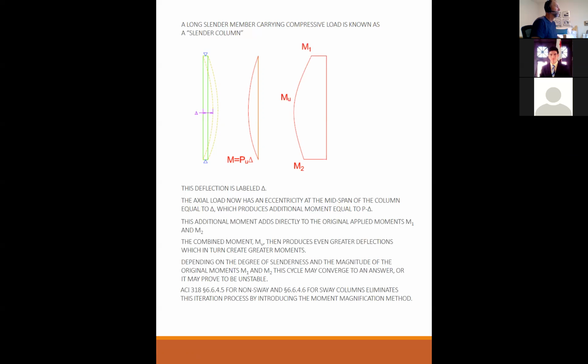It collapses due to bending out too far. The moment magnifier method uses a factor delta to amplify the M2 moment to a final design moment M sub u.